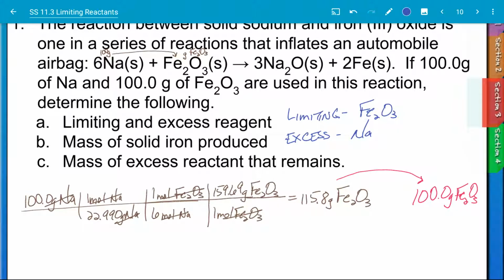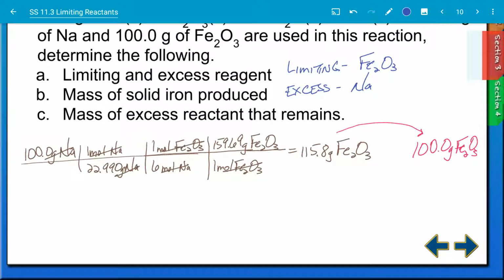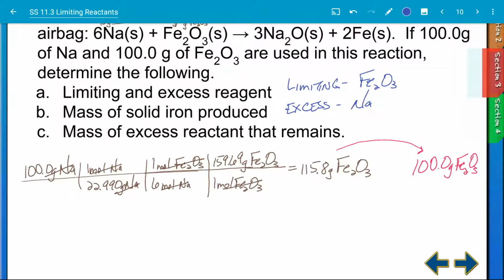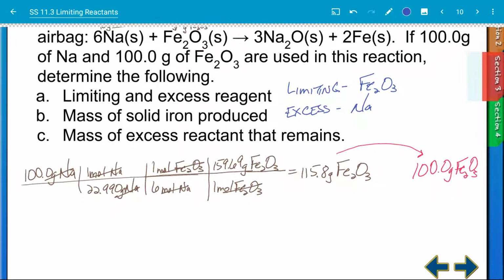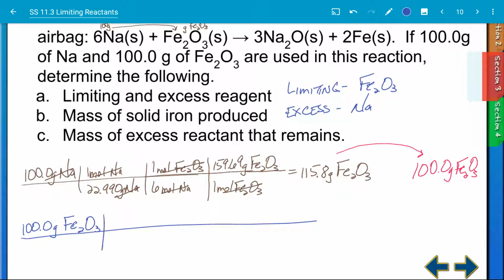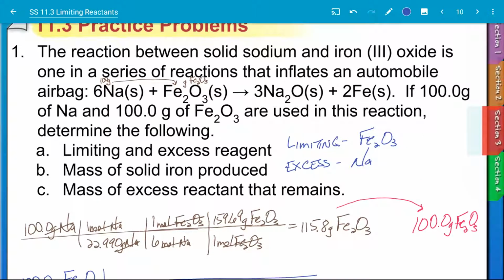Okay, so it says the mass of solid iron produced. So then I'm going to have to start with my limiting reagent of 100.0 grams of iron 3 oxide. I'm going to go from grams of iron 3 oxide into moles of iron 3 oxide, and then into moles of iron, into grams of iron to see how many grams will be produced.